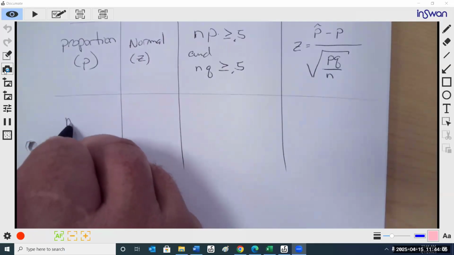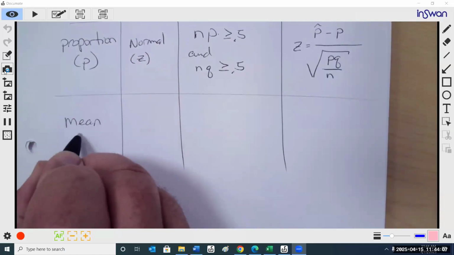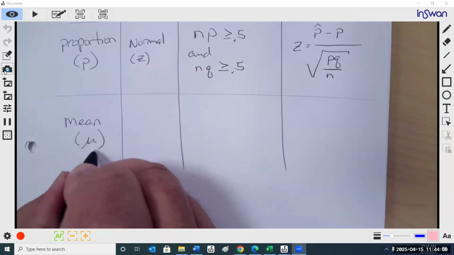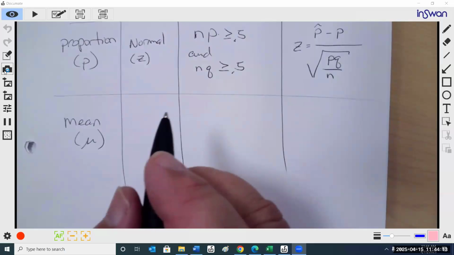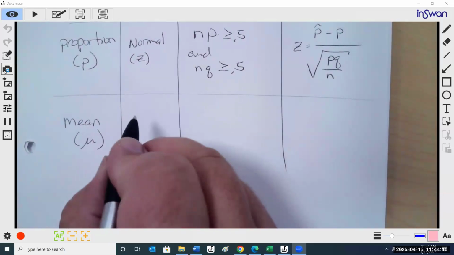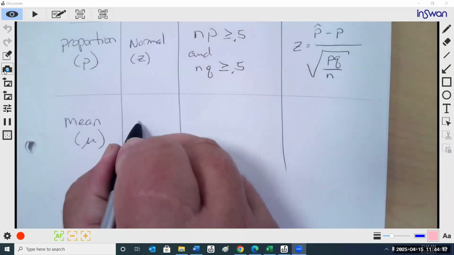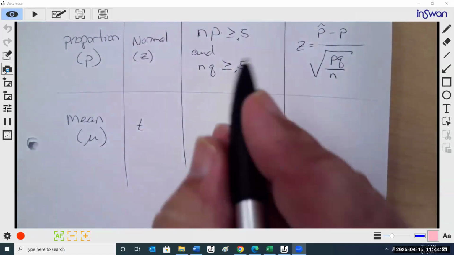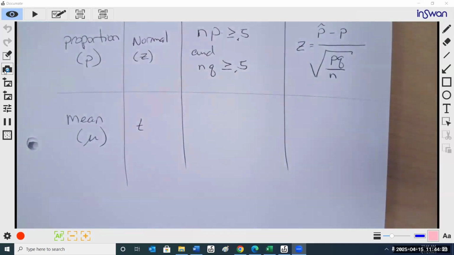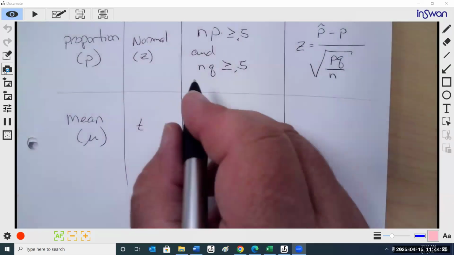The next one, the mean, population mean. The sample distribution here is we're going to use the t-test. Now, what are the conditions for using a t-test?